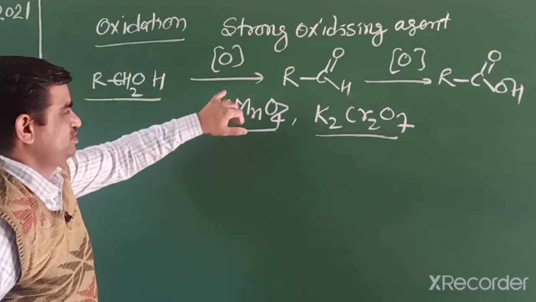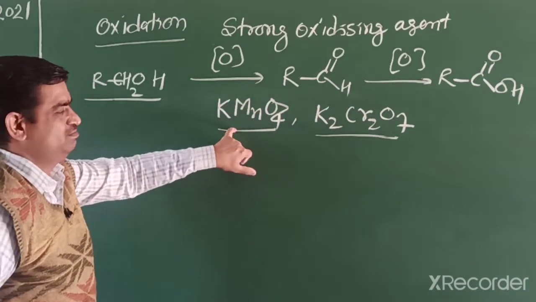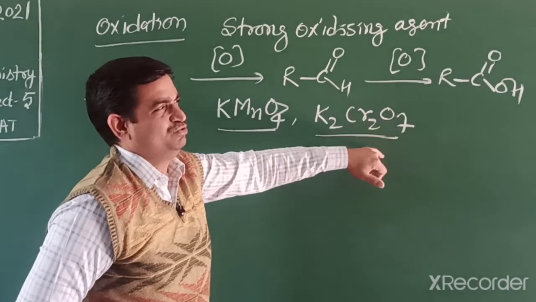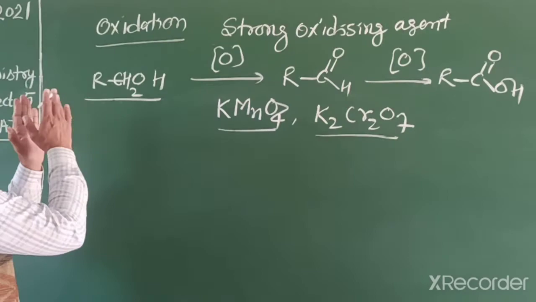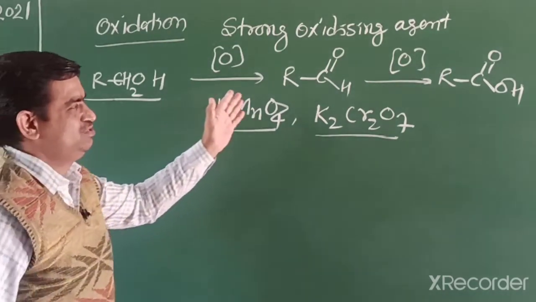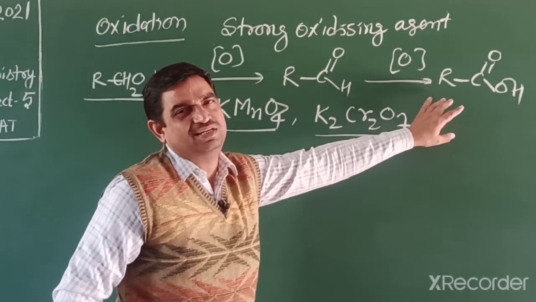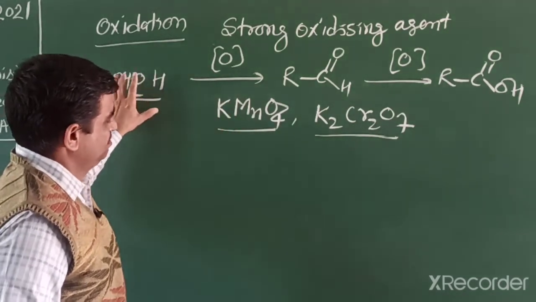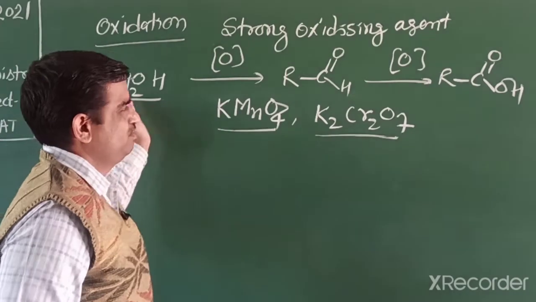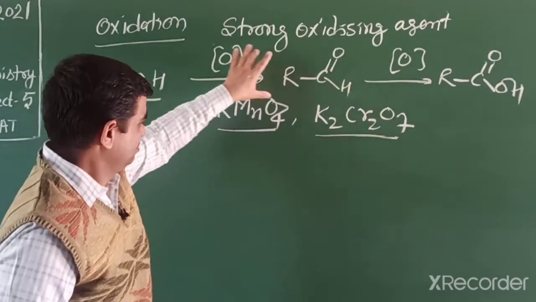Generally potassium permanganate is used in alkaline medium, and potassium dichromate is used in both acidic as well as basic medium. So we get the alcohol converted into carboxylic acid as the main product. Why? Because it is a strong oxidizing agent. The reaction converts alcohol into carboxylic acid.